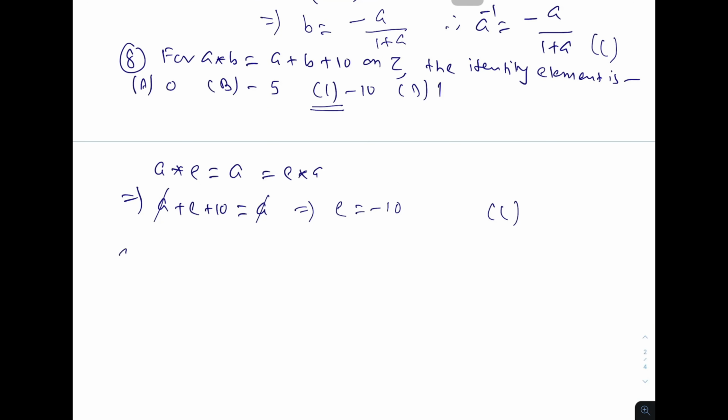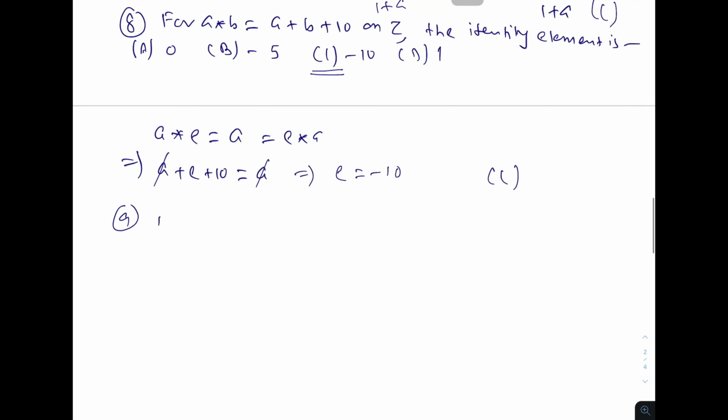Next, if A star B equal to AB by 100 on Q plus, the question is inverse of 0.1 is blank.